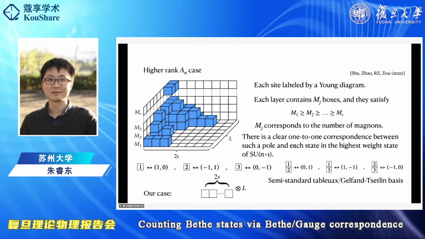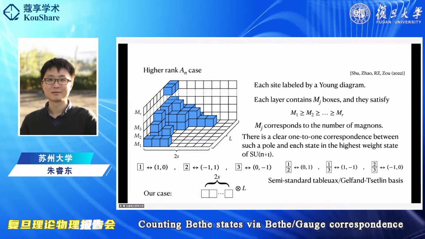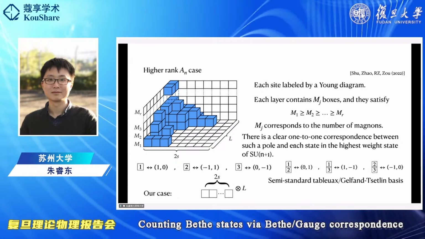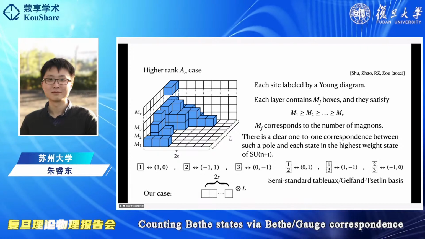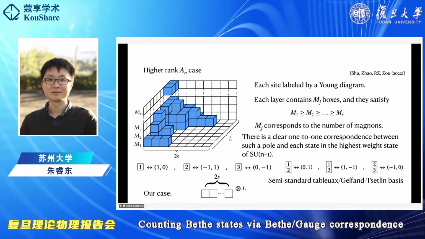You can really see that these numbers are corresponding to the height of these boxes in our figure, and there's really a one-to-one correspondence between one figure and one state in the representation theory.